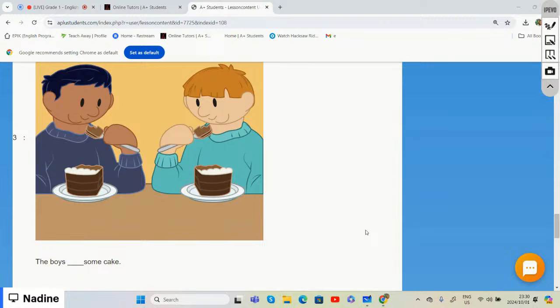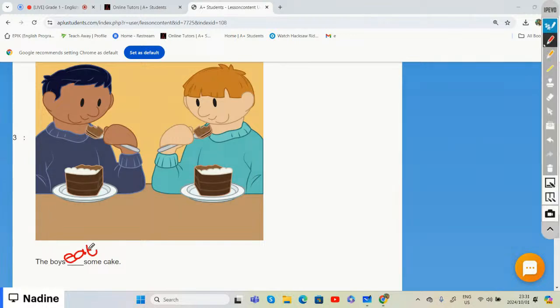All right, and if we were to say what the boys are doing, we can say the boys eat some cake. So eat is our action verb within that sentence.